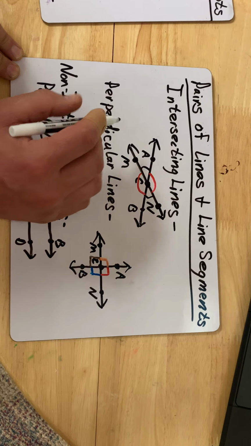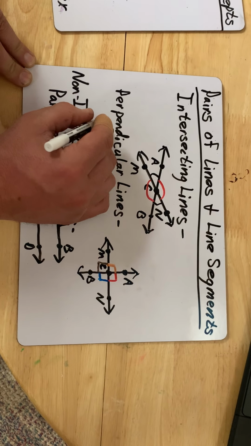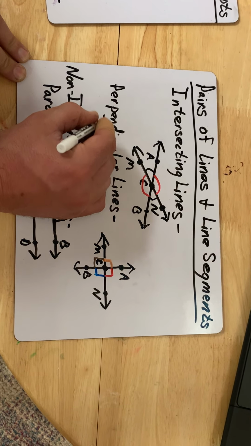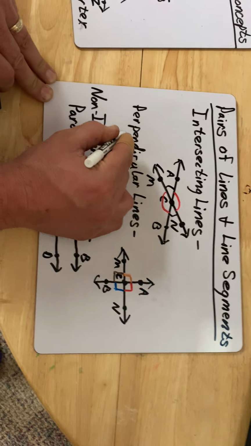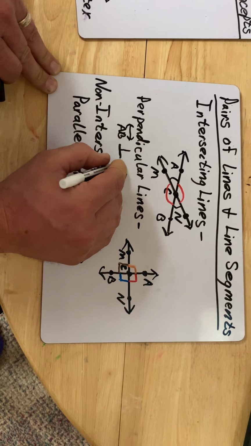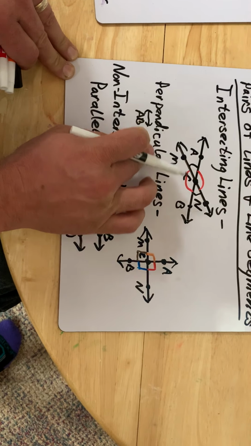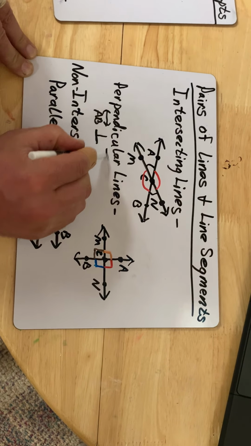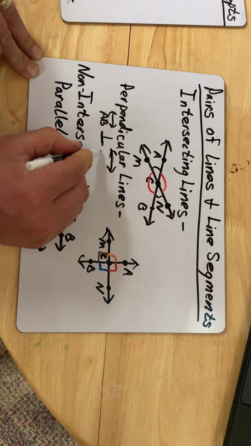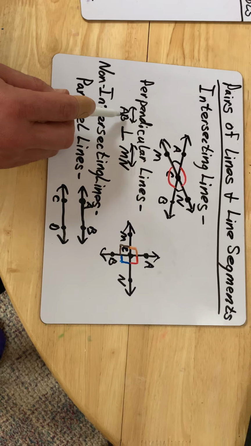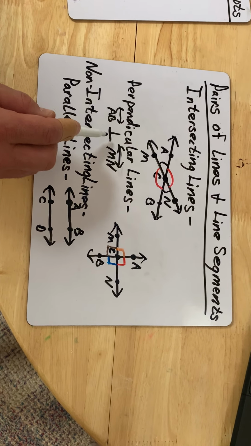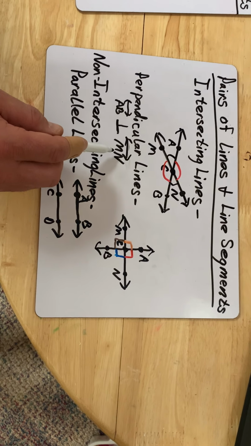So if you see this would be line AB, and then if I have the line, excuse me. So if I read that in a sentence, that would read line AB is perpendicular to line MN.